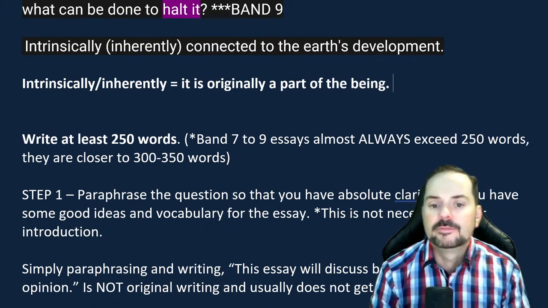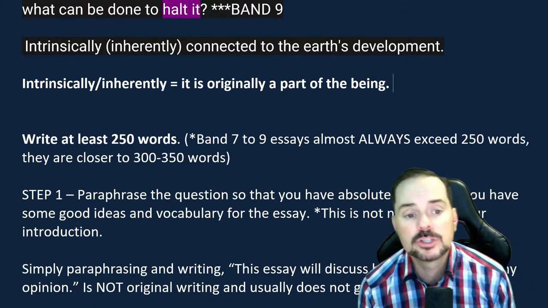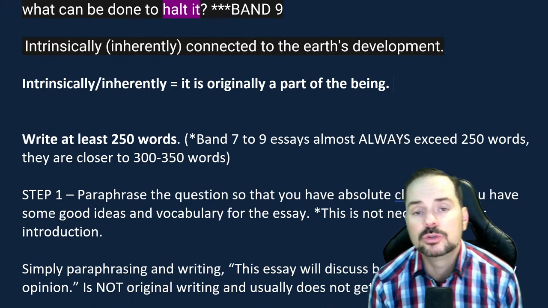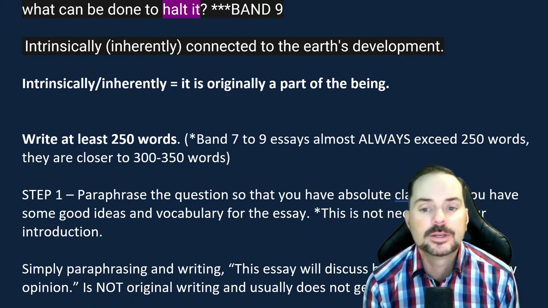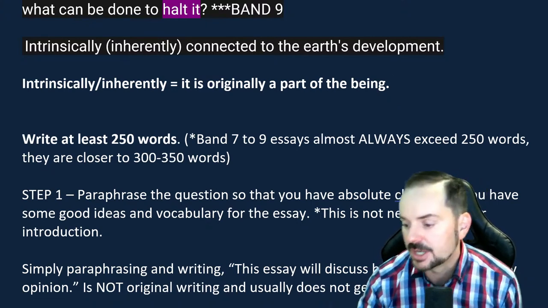Very nice words, very nice vocabulary. If that is new for some of our viewers, learn those two words. Those are two good words to know when you're discussing this kind of topic, intrinsically or inherently. Very nice.